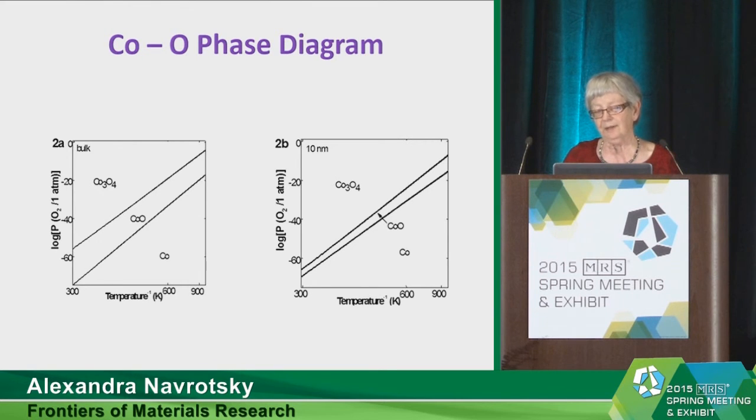But because of the enhanced stability of the spinel at the nanoscale, it is in fact the spinel, the mixed valence Co2+ Co3+ oxide, that exists under those conditions, and that may have a lot to do with the mechanism, and one needs to look at that perhaps in more detail.